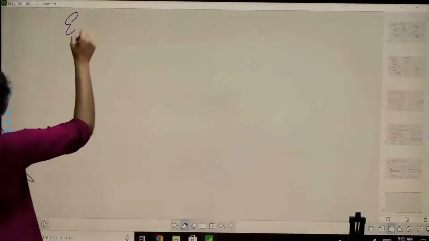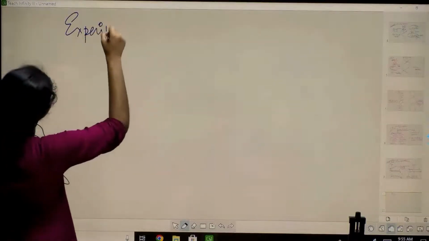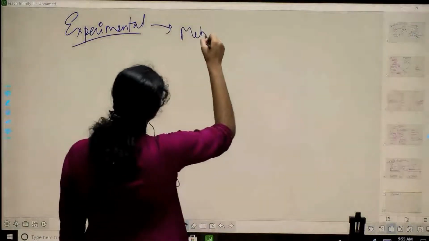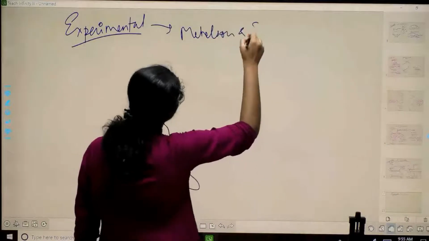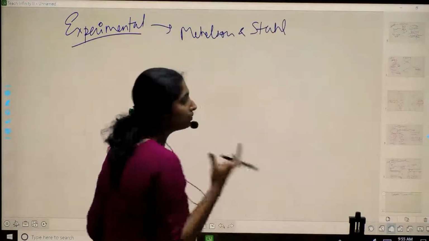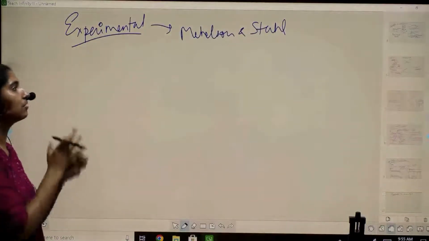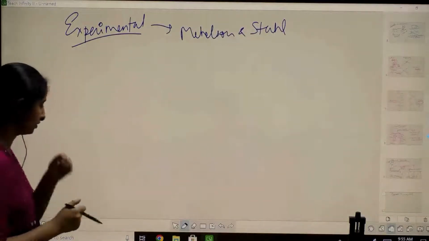Next, look at the experimental proof. So the Meselson and Stahl experiment helped to give the experimental proof of the fact that DNA is actually being replicated with the help of the semi-conservative model.